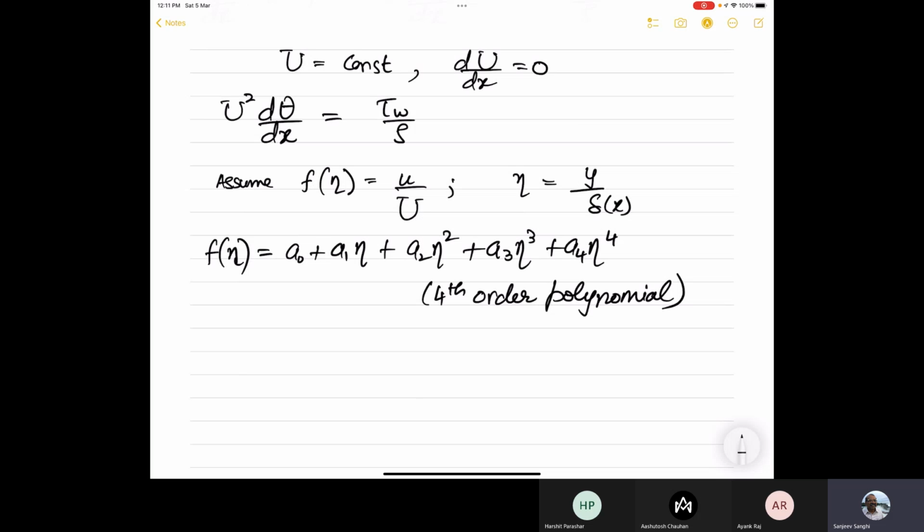But now, what's the first step which we will have to do here? First step is to find A0, A1, just wait a minute.